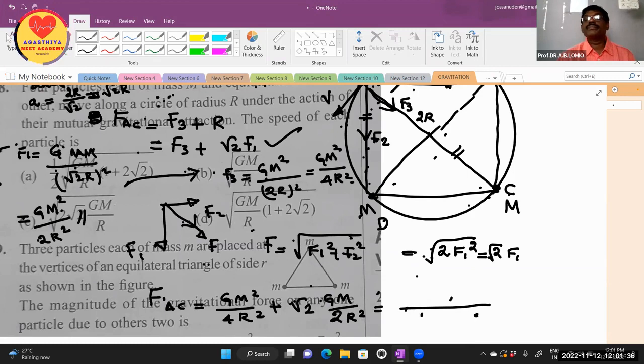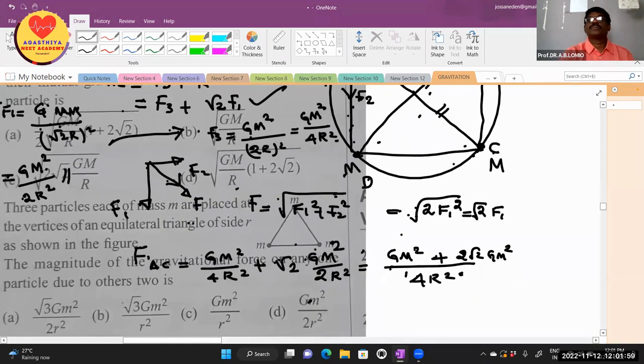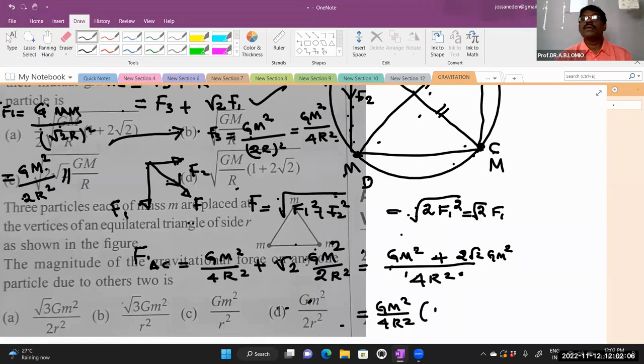Take the LCM, 4R squared. GM squared plus 2 root 2 GM squared, which gives GM squared divided by 4R squared, times 1 plus 2 root 2. Understand? This is the total resultant force.